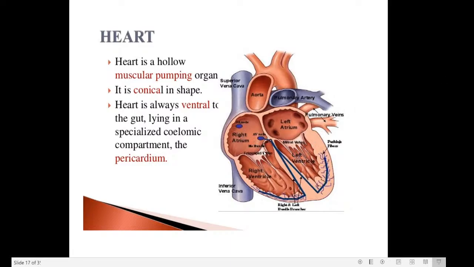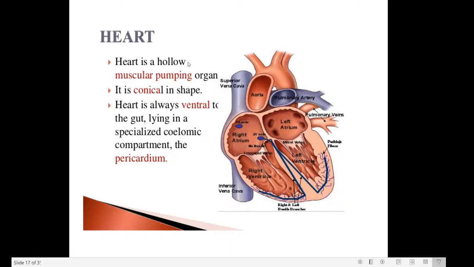The right atrium has the SA node and AV node; these nodes are present in the right atrium. Another time I will explain the tricuspid valve between the right atrium and right ventricle, and the mitral valve between the left atrium and left ventricle.